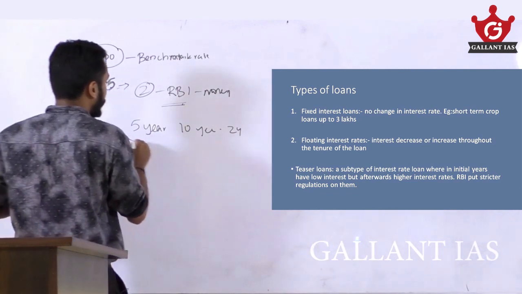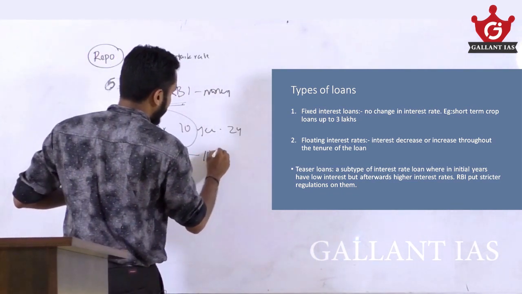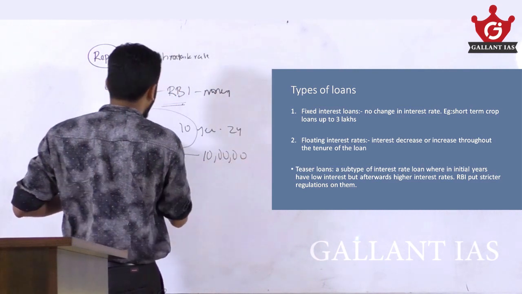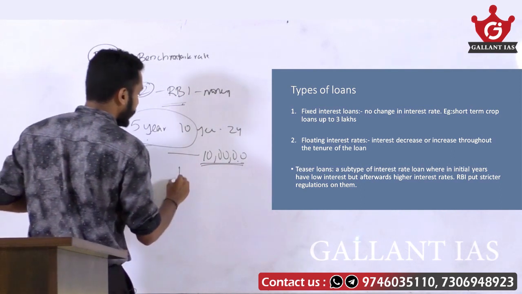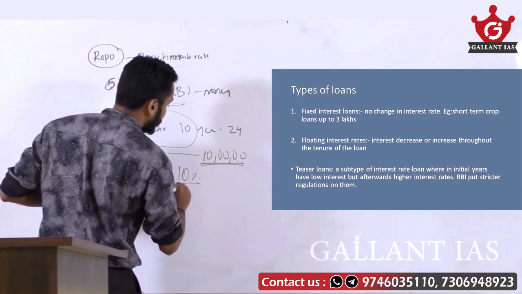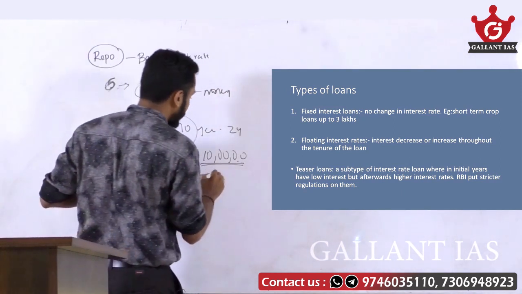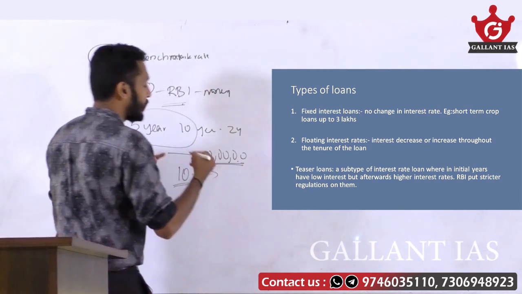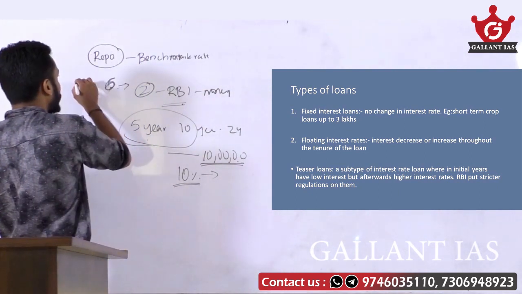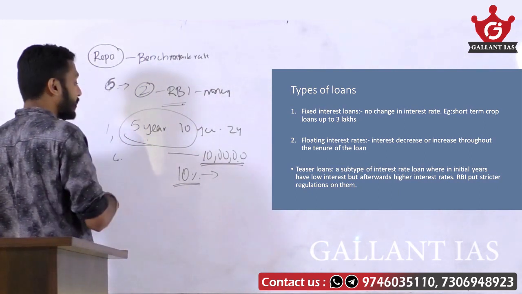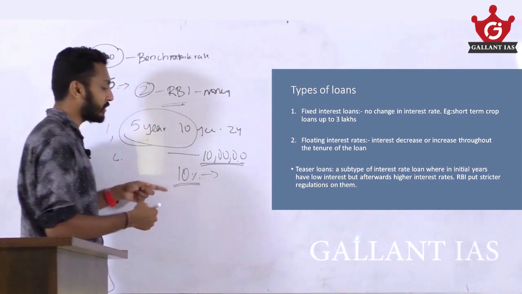Say a person took a 10 lakh rupees loan for 5 years, and at the time of taking this loan, the interest rate is 10%. After 1 year RBI decreased the repo rate, so banks are forced to decrease the interest rate.